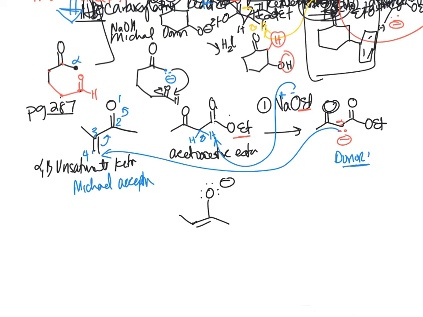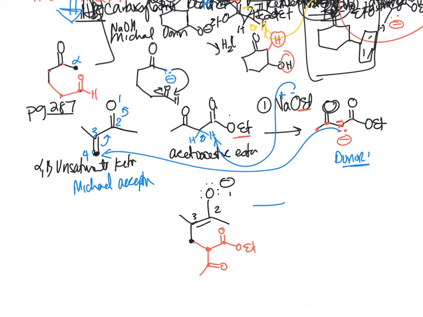1, 2, 3, 4. On the 4 position, we're adding this carbon here, and then we have 1, 2, and then we have this. And then we check carbons. 1, 2, 3, 4. Okay.